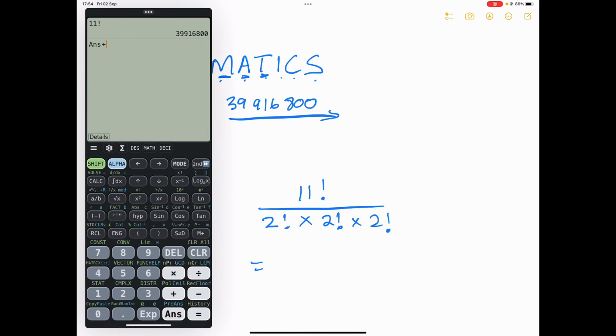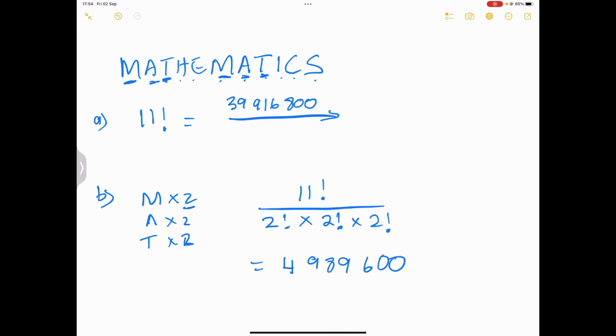Divided by 2 times 2 times 2, since 2 factorial is 2, and that would give us 4,989,600.